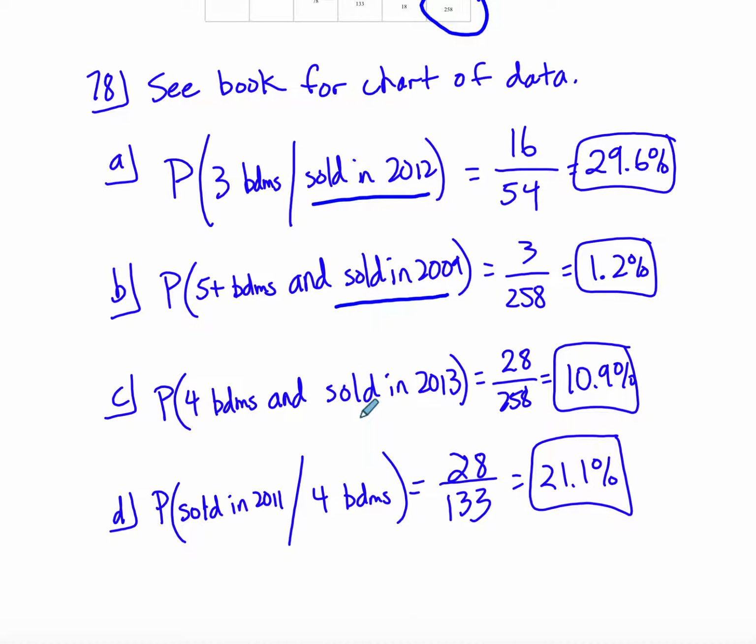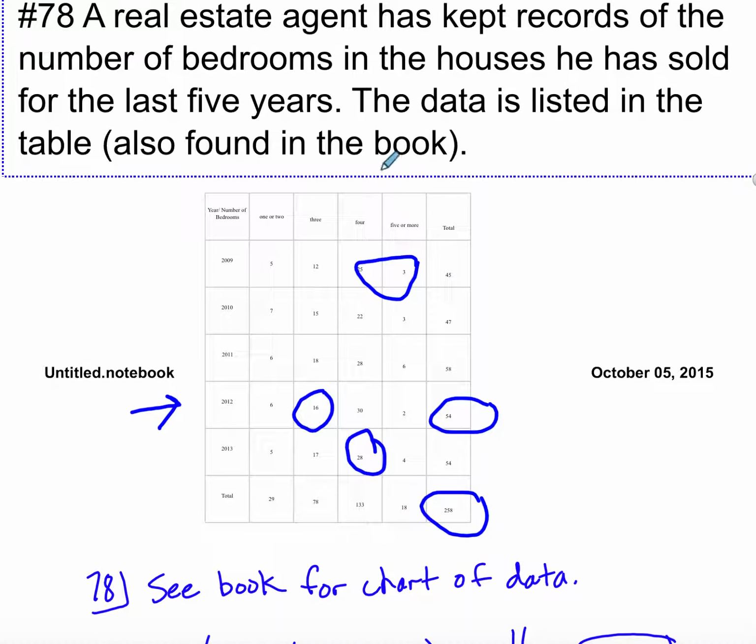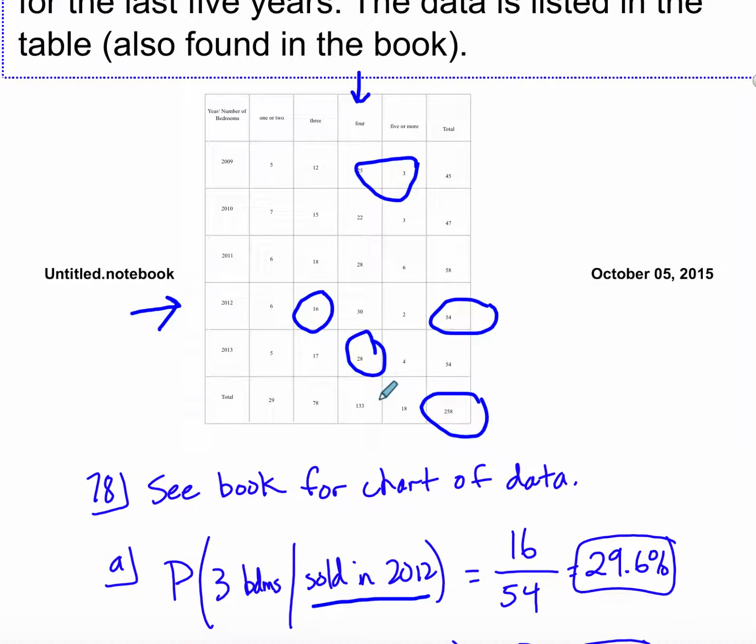The last one we might look at is the probability that a house was sold in 2011 given that it had 4 bedrooms. So I'm now told something about that house. I'm told it has 4 bedrooms. So out of those, there are 133 houses that had 4 bedrooms. I want to find the probability, out of those, that it was sold in 2011.